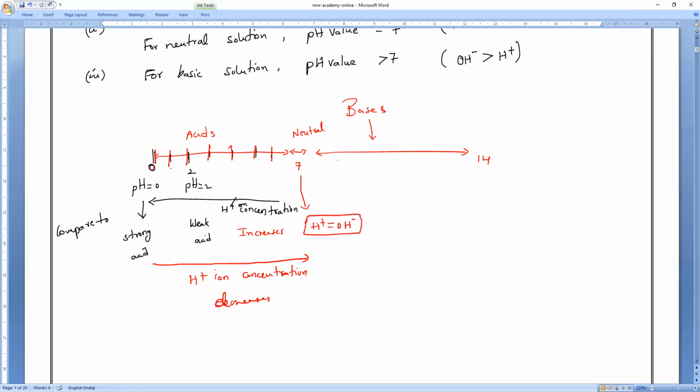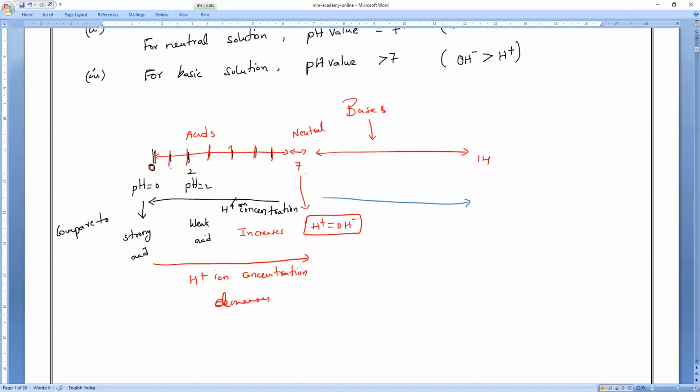Now, from 7, if I keep on moving to the right side, this is my right side. For you, it is opposite. Be very careful. Always your right hand is your right hand, your left hand is your left hand. Keep that in mind.